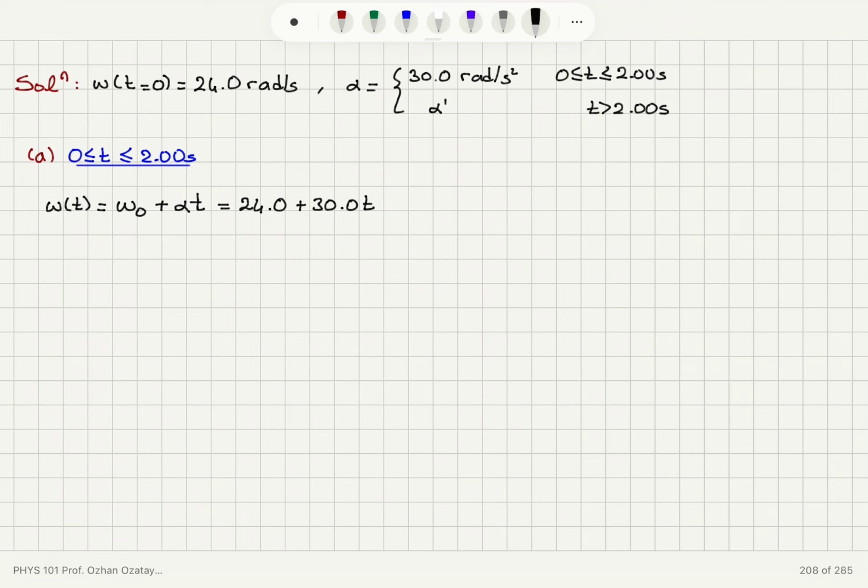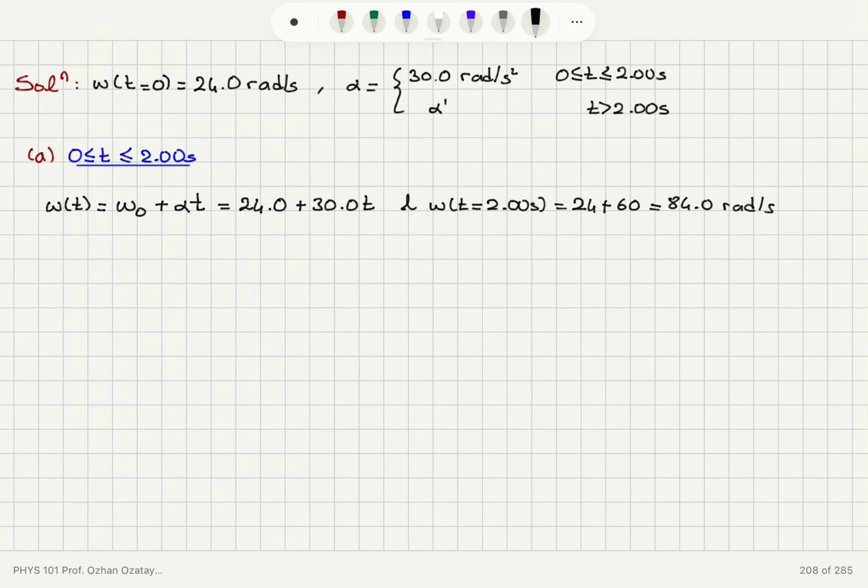So 24 plus 30t is our angular speed as a function of time. And we know that the angular speed reaches a terminal value at t equals 2 seconds: 24 plus 2 times 30, 60, 84 radians per second. So this is our maximum angular speed.